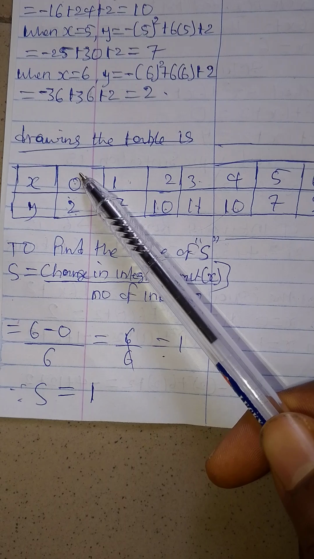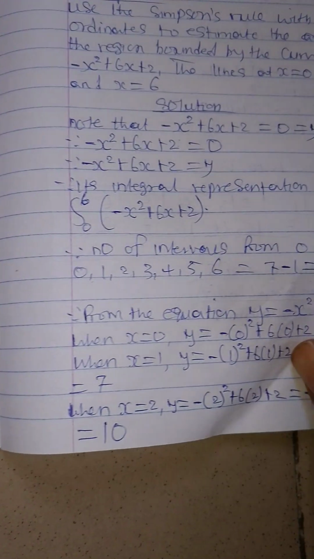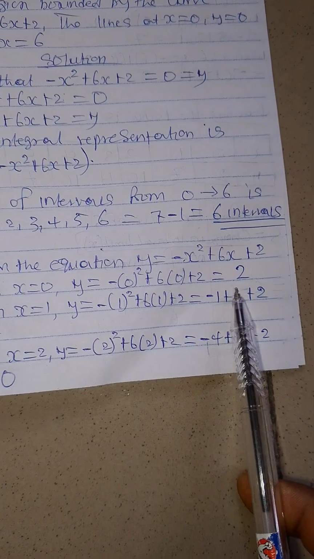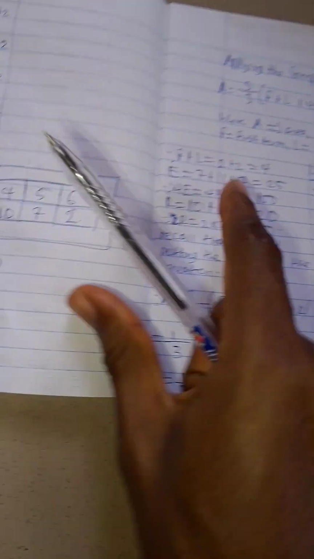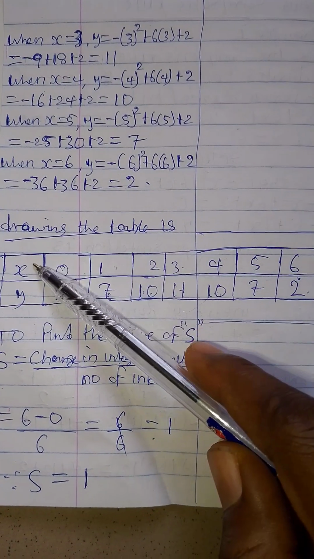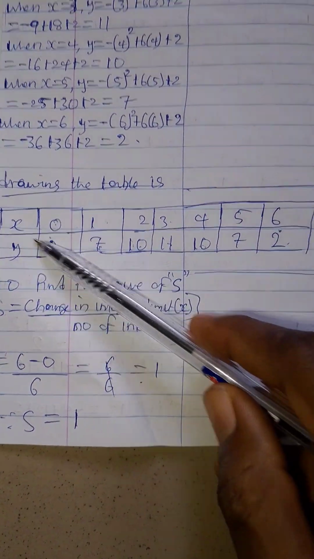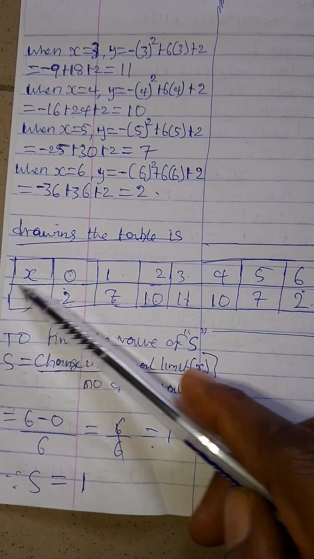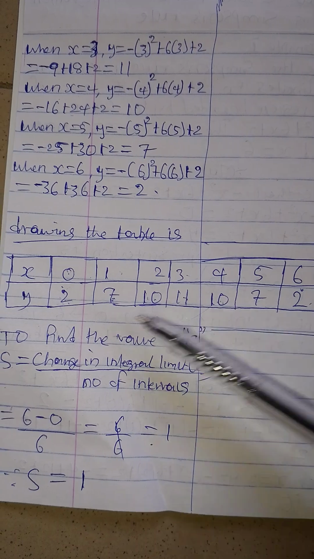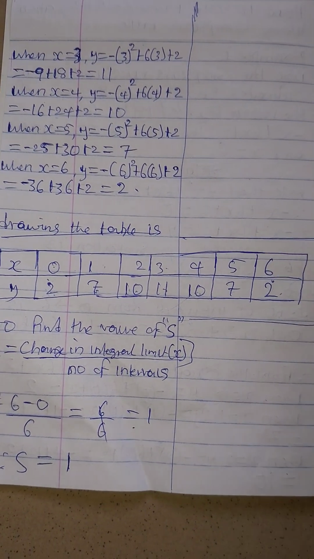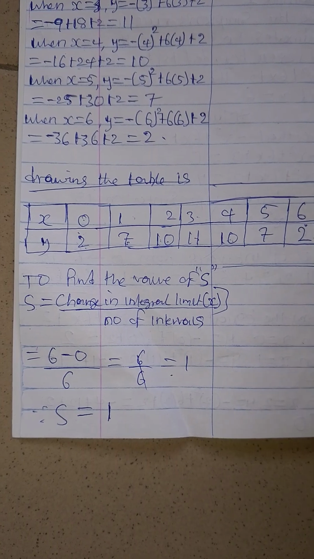When x was 0, y was 2. When x is 1, y is 7, when x is 2, y is 10, when x is 3, y is 11, when x is 4, y is 10, when x is 5, y is 7, and when x is 6, y is 2.